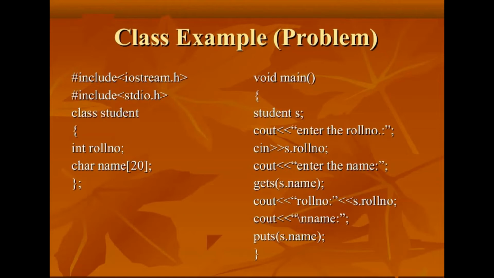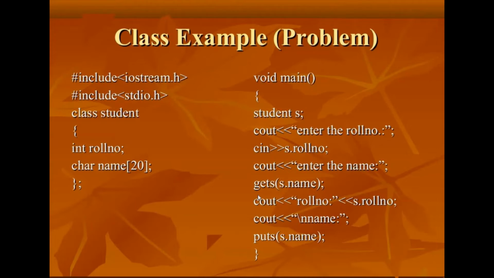Now when you are talking about the class and object program, as you can see here, there is a class student. We always start any program with the header file iostream.h, then conio.h, right. If you are using some functions of C, then we can also use stdio.h.